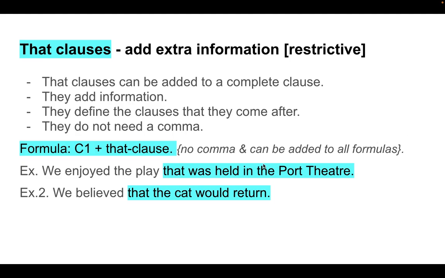And one difference between example 1 and example 2: if you look at example 1, you'll notice that the word that is playing the role of both the linking word, the joining word, the kind of transitional word between the concepts, but it's also acting as the subject noun. So we can have a word that plays double duty here, double role. That was held in the Port Theatre. However, example number 2, that the cat would return. We have that, the relative clause marker here, but then we've got a unique subject here. The cat would return. Both of them are fine grammatically.